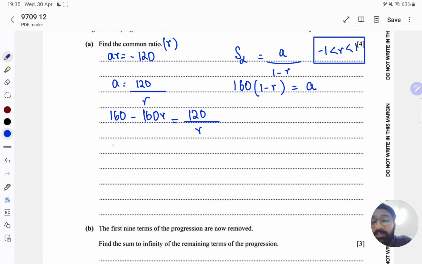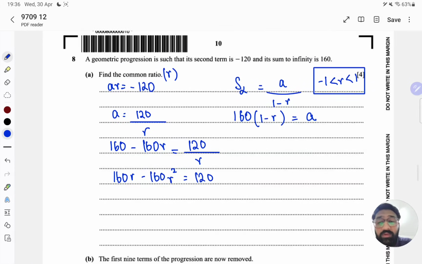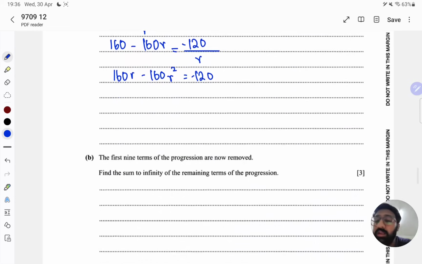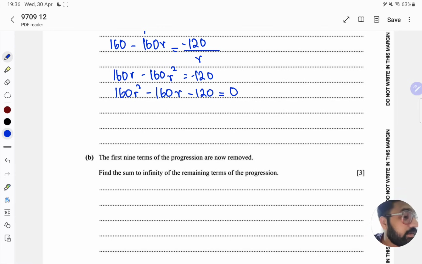So it will be 160 R minus 160 R square equals to minus 120. If I simplify, it will be 160 R square minus 160 R minus 120 equal to 0. Now let's solve it.